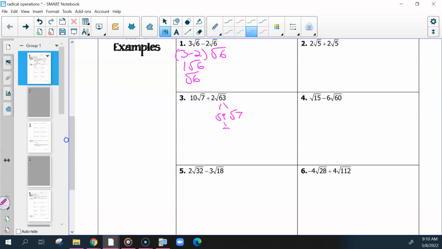So this would give us 3 times the square root of 7. We would bring down our plus 2, and also bring down our 10 times the square root of 7. So the big thing with this is making sure you bring down everything, because if you forget to bring down something, your answer is going to change. No, it's plus 2.